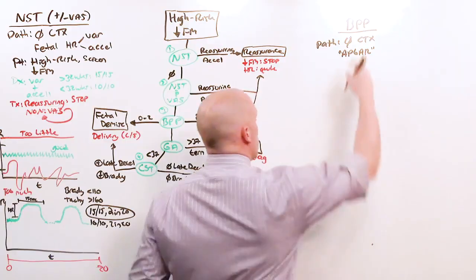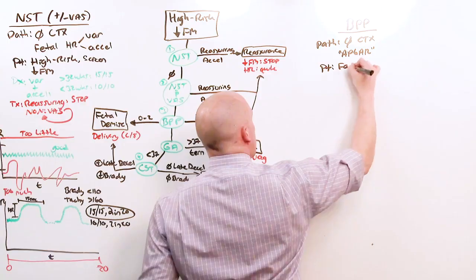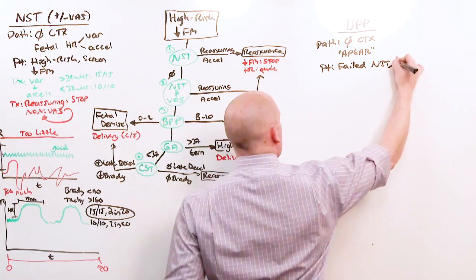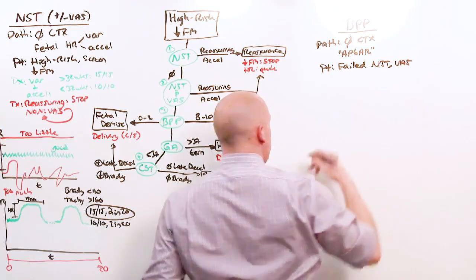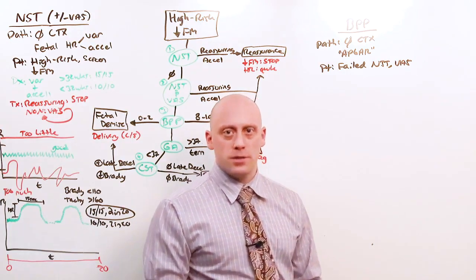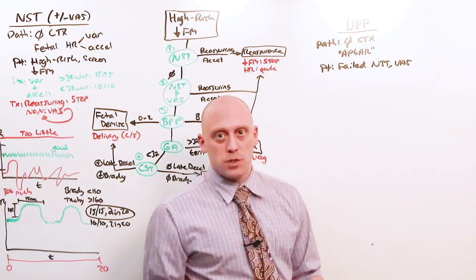You're going to do the biophysical profile if there is a failed NST with vibroacoustic stimulation. You'll use an ultrasound to look at baby, to determine orientation, to screen for genetic diseases, to see if there's multiple gestations.